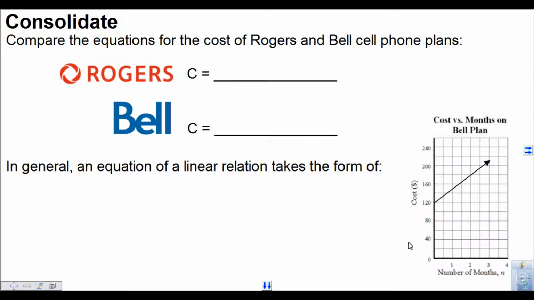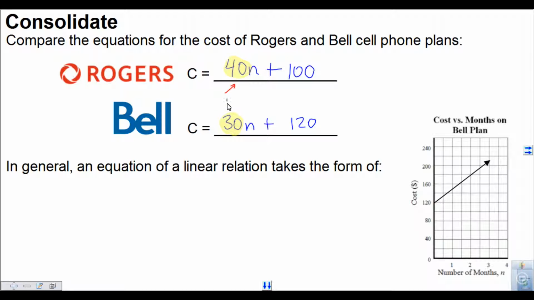So what we're going to do is figure out, is there a general way to make an equation of a linear relation? So let's look at the Rogers and Bell equations together. Remember, the Rogers plan was 40 times n plus 100. The Bell plan was 30 times n plus 120. Now, if we take a look at what these numbers meant, this 40 here and this 30 were both the rates.